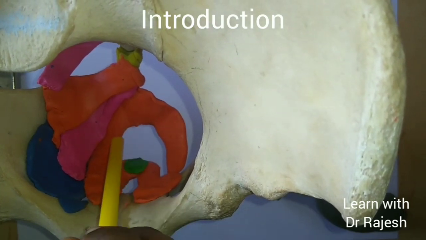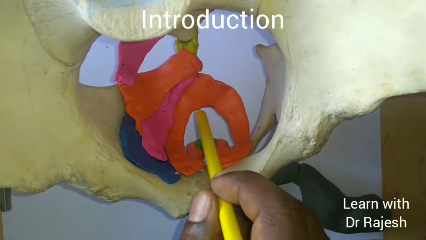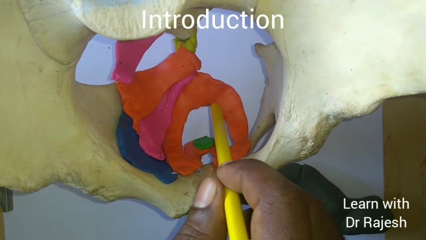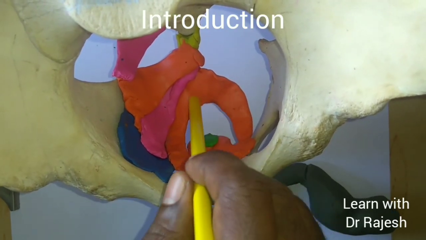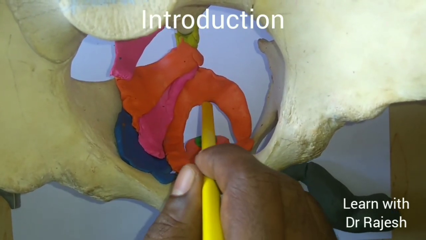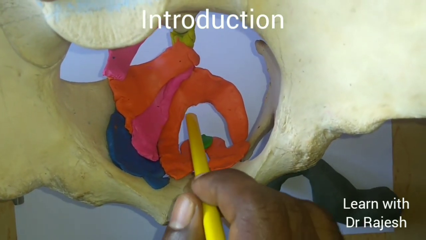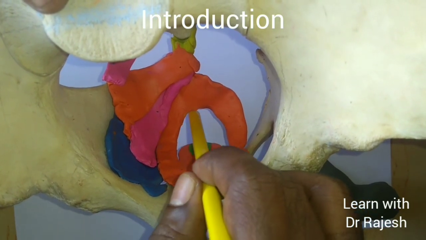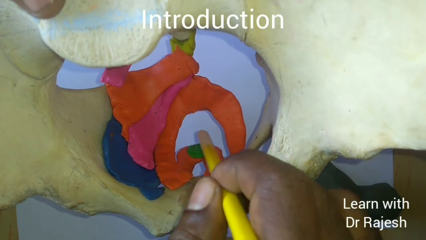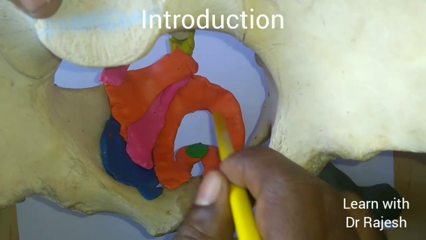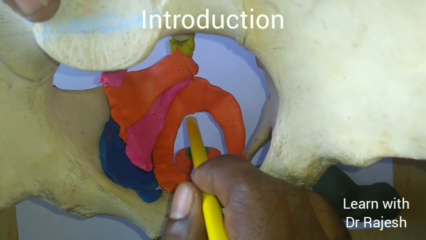Because of this sling, and also the merging of the internal and external anal sphincter along with this muscle, the anorectal junction gets compressed between the rectum and the anal canal, forming an incomplete ring. It is more prominent on the posterior aspect than the anterior aspect because the sling is deficient anteriorly. So this ring is called the anorectal ring.